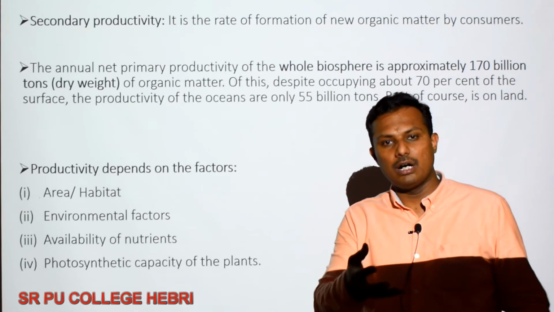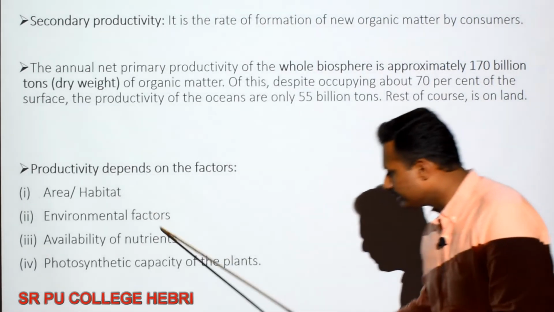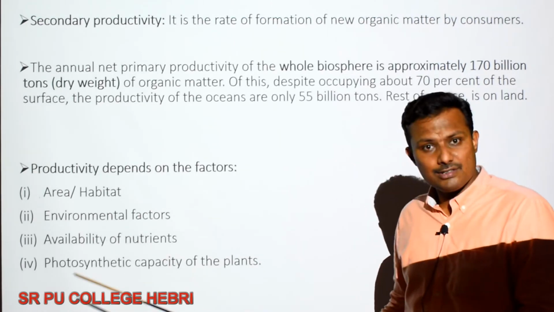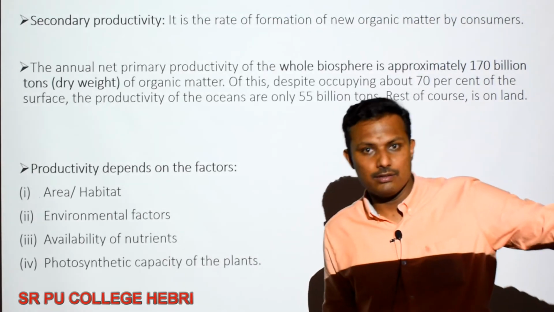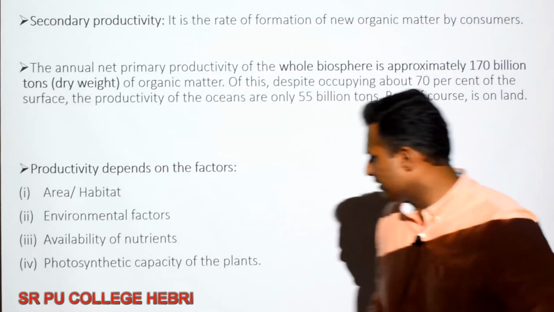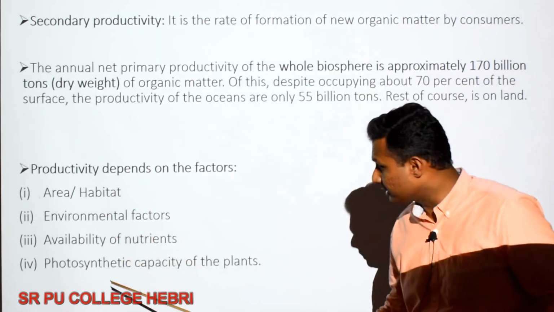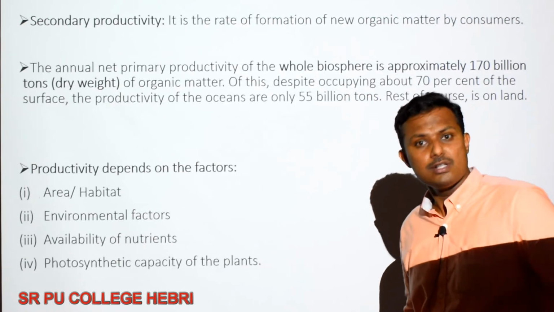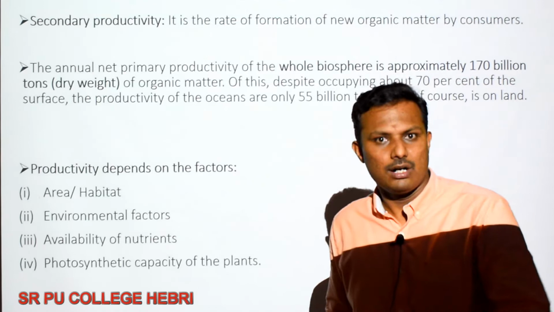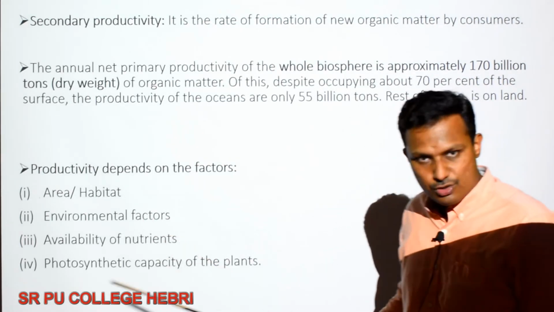The availability of the nutrients, the environmental factors in that area, all that will matter. Environmental factors means you can consider factors such as air, light, soil, etc. Those are the abiotic factors. Then availability of the nutrients. Soil may be rich sometimes, or sometimes it is very unfertile soil, like that.